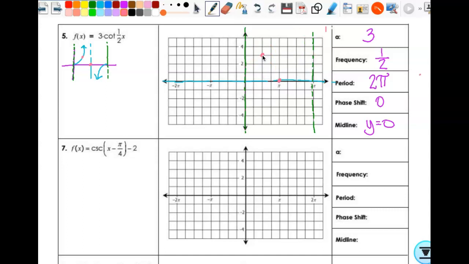And then halfway between these two, I go down 3. And then I repeat. Everybody okay with where everything came from and why? All right. This in here. Here, here, here.